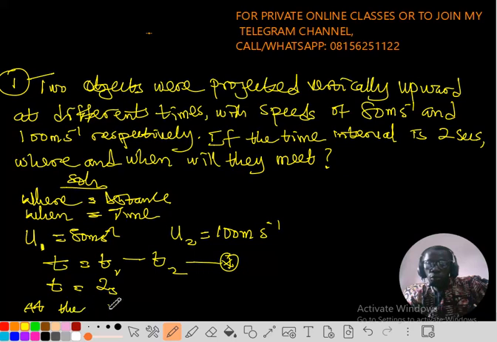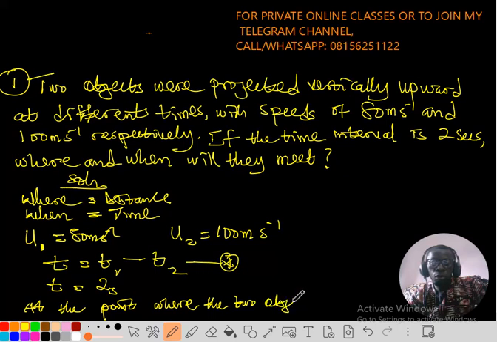Then at the point where the two objects meet, we are going to have the distance on the first object x1 equal to the distance on the second object x2.